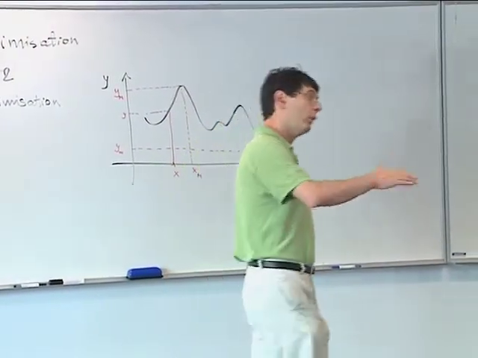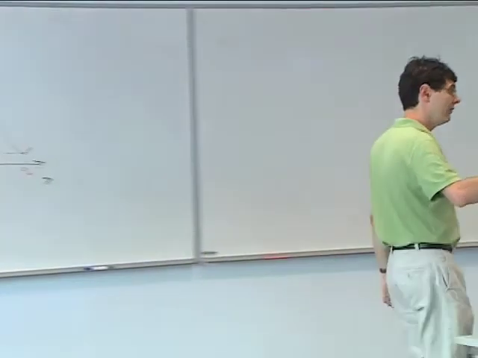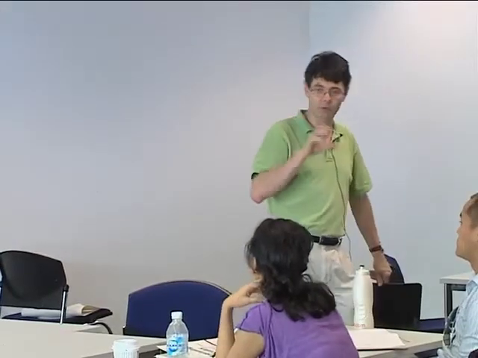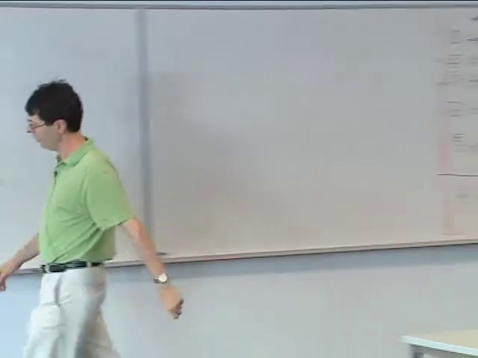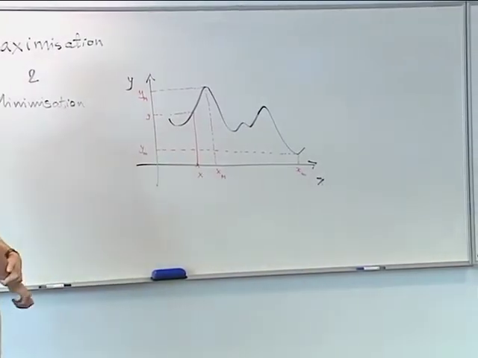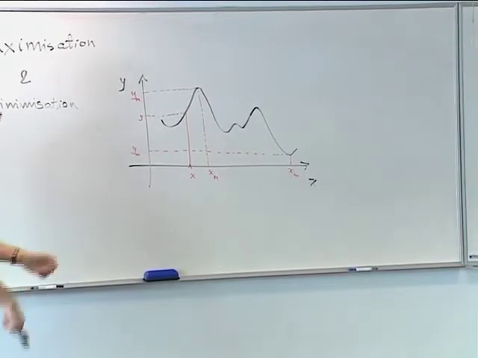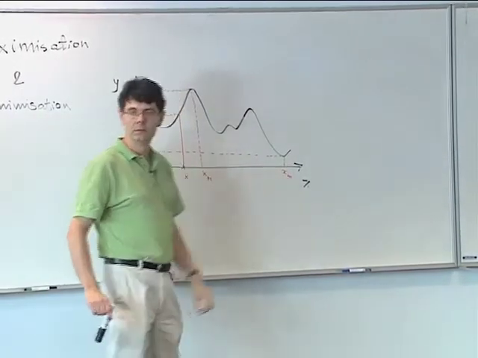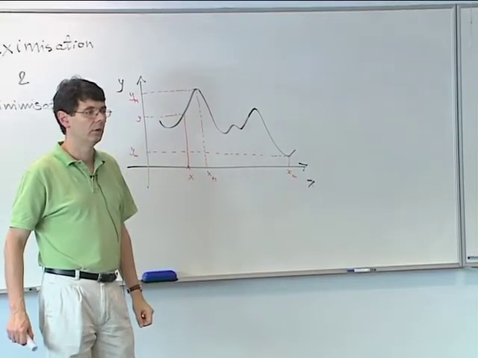But as I mentioned in a previous class, one of the great advantages of calculus is that you can dispense with the picture. You can do it without a picture. Take a look at the picture here. Before we do without the picture, we need to take a look at it. And what you realize is the following. If you are either at the max or at the min, the slope is 0.